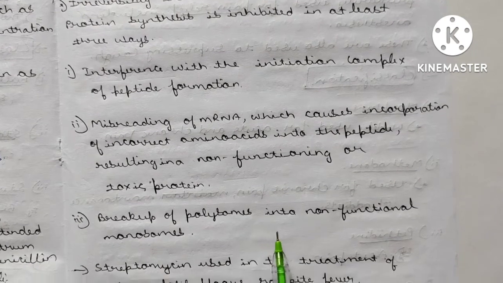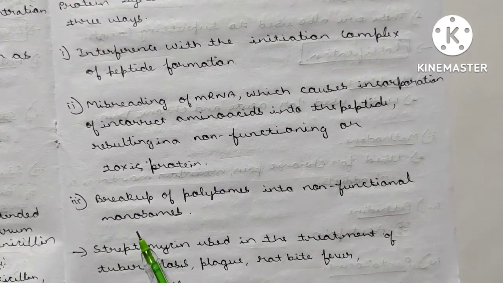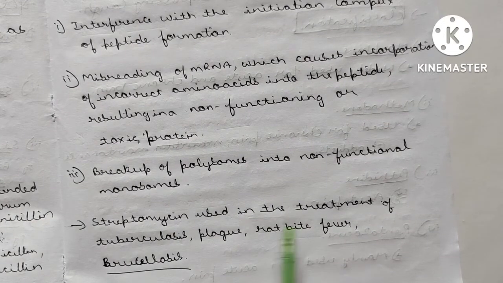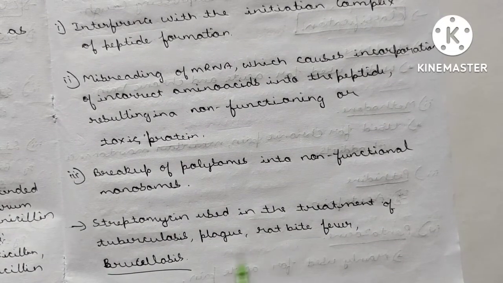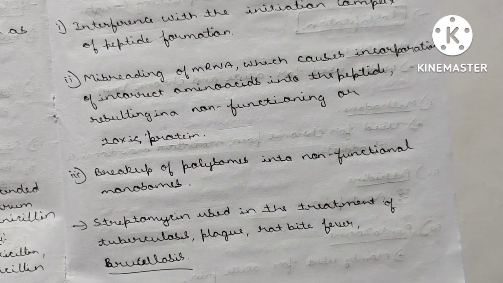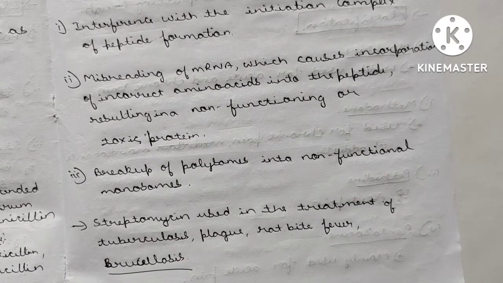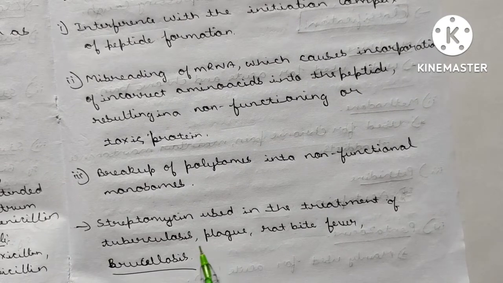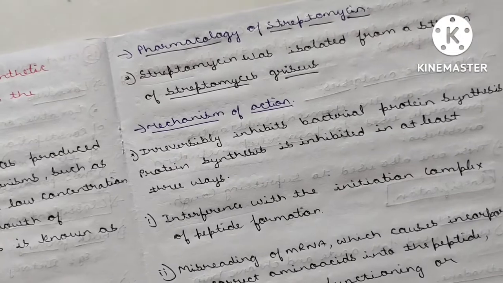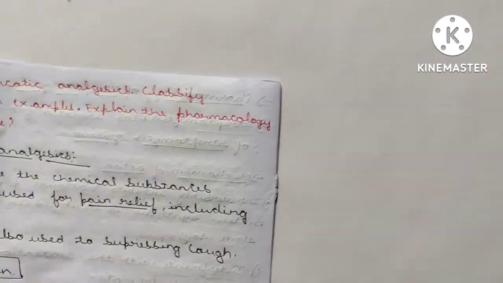Breakup of polysomes into non-functional monosomes. Simple. Streptomycin is used in the treatment of tuberculosis, plague, rat bite fever and brucellosis. You remember plague, tuberculosis, rat bite fever. Yes, this is the mechanism of action of streptomycin.